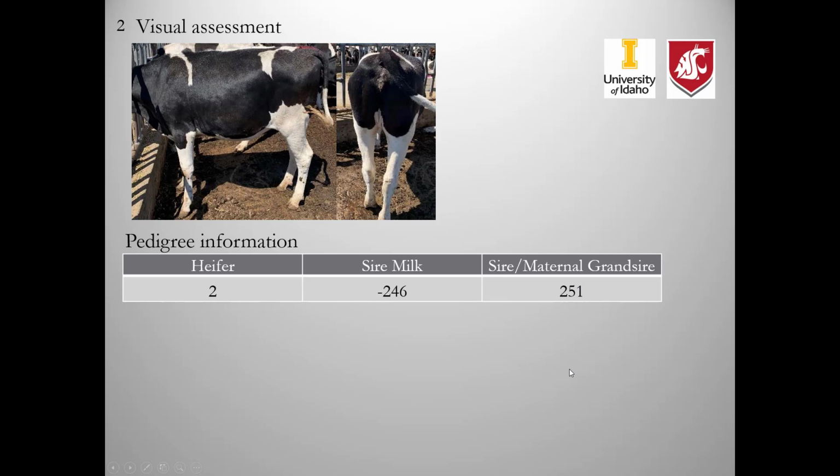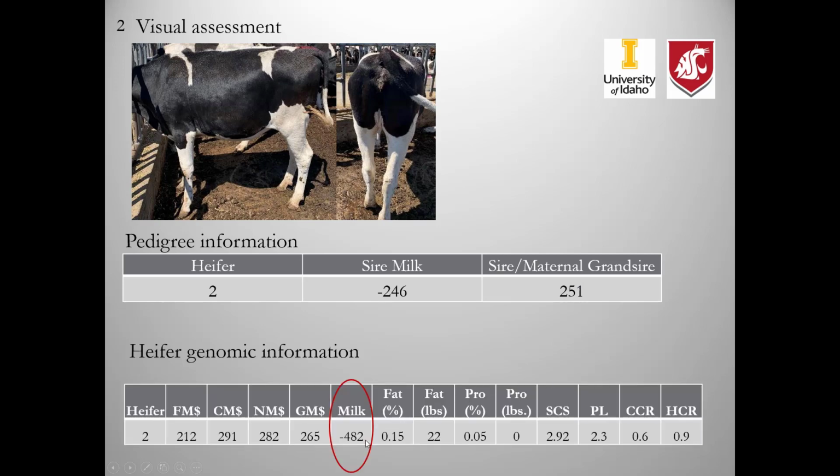When we look at her information alone, we see that she's back in the negative at minus 482. So she didn't get the best of her sire or her maternal grandsire when she had the chromosome segregating, and so we would expect that she would have poorer than average performance in milk yield.